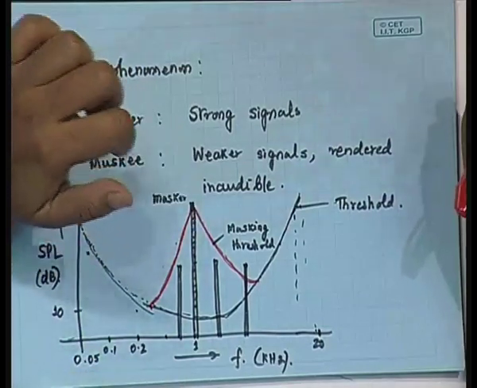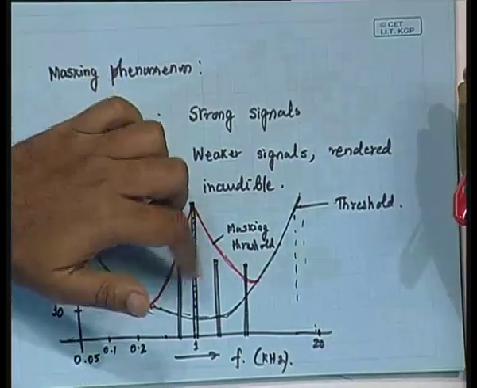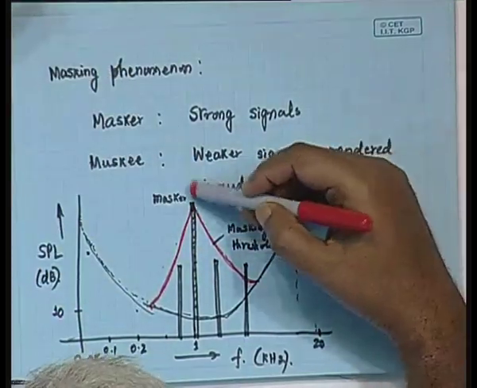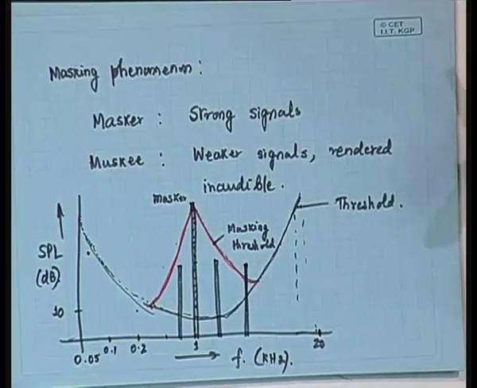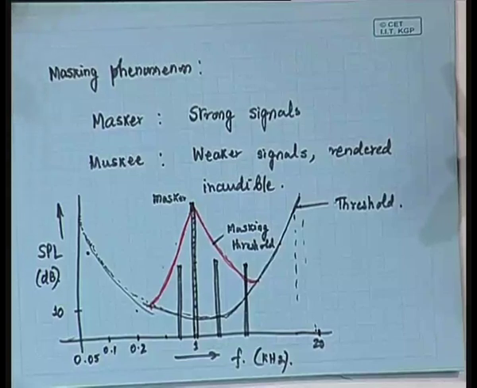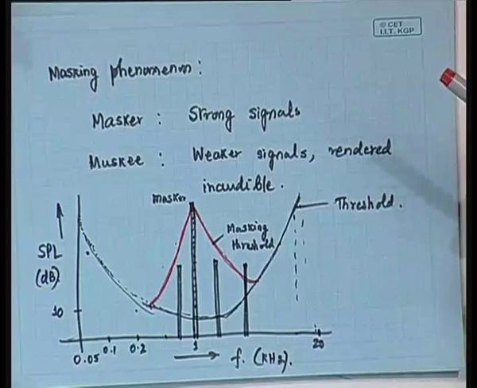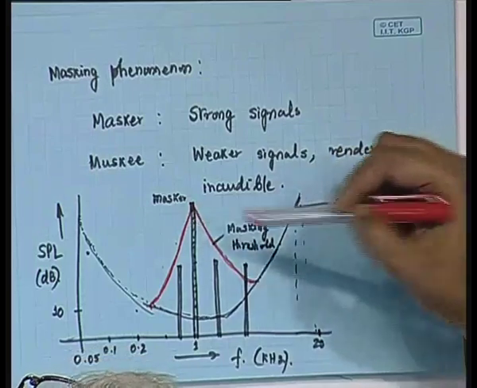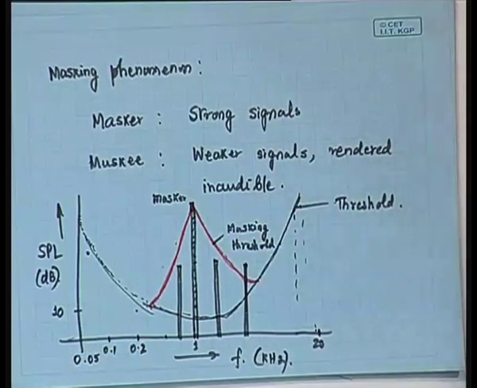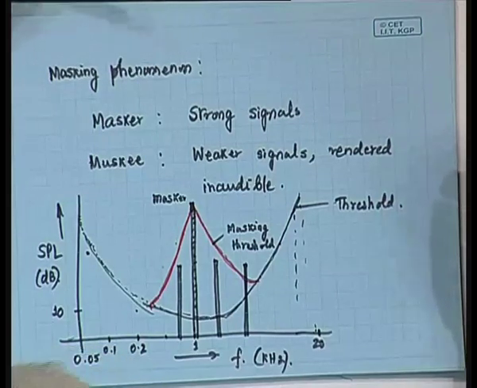If there is a sound source at 1.1 kilohertz which is higher than this masker, then that itself is a strong signal, and it should act as the masker and not this one. So it is always the stronger signal that acts as the masker, and the weaker signals with respect to it are rendered inaudible in the process of masking.